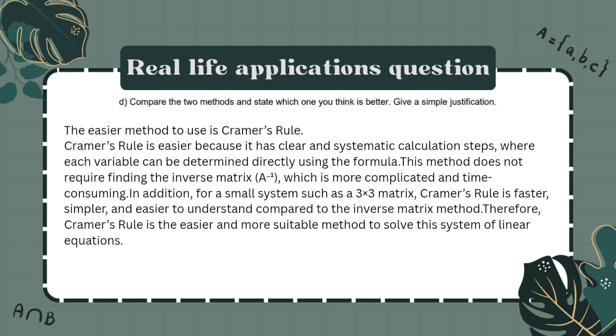This method does not require finding the inverse matrix A inverse, which is more complicated and time consuming. In addition, for a small system such as a 3 by 3 matrix, Cramer's rule is faster, simpler, and easier to understand compared to the inverse matrix method. Therefore, Cramer's rule is the easier and more suitable method to solve the system of linear equations.